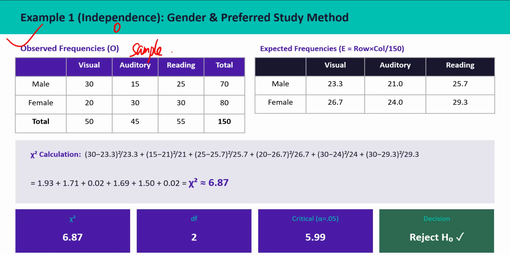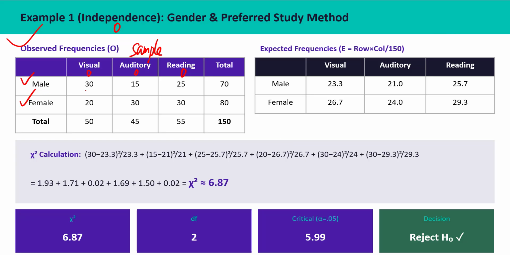Then we have two different genders, male and female, as our row variable. And for the column variable, there are three different categories: visual, auditory, or reading.